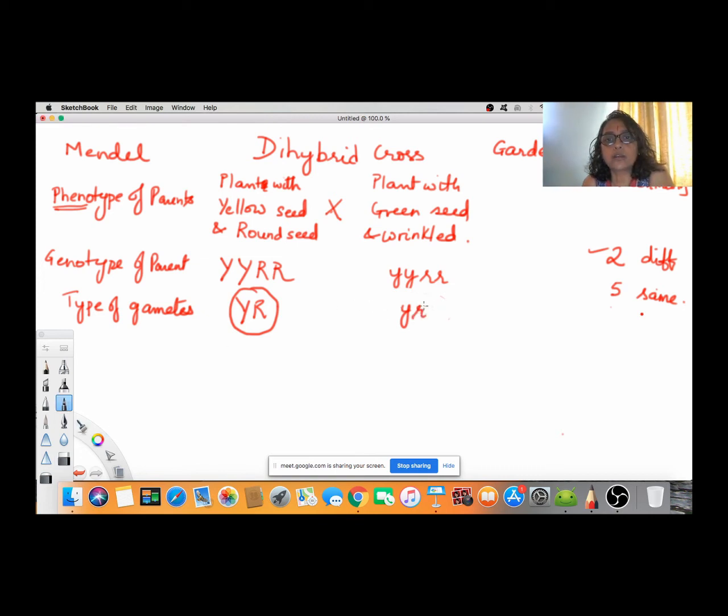Small y, small r, only one type of gamete. So when this gamete fuses with this gamete, you would get a capital Y, small y, capital R, small r progeny. And this progeny would be the F1, first filial, and this is the genotype.